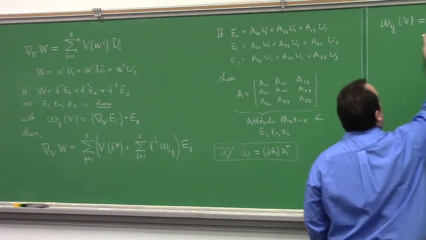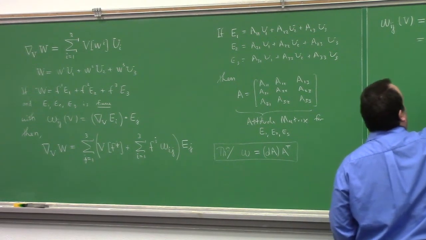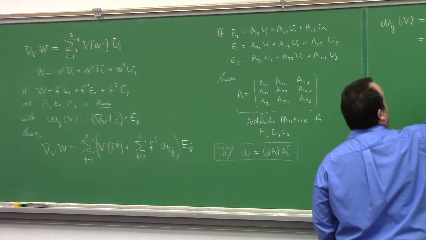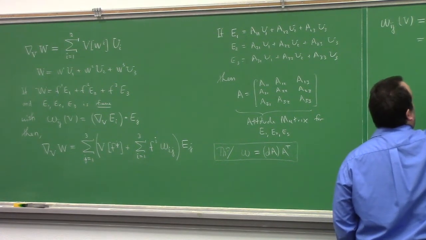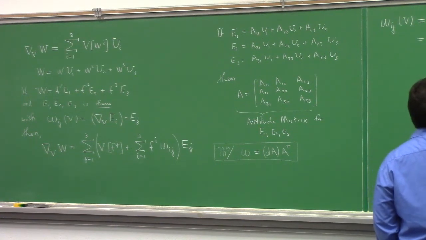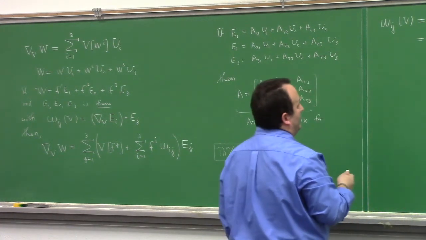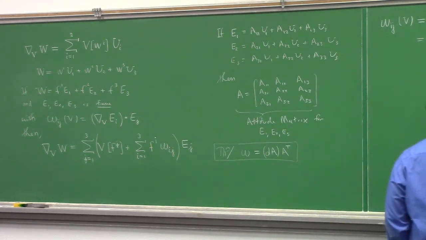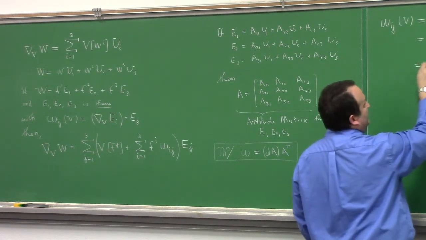So this is the covariant derivative of V of the sum over K of A_IK UK, dotted with EJ. I'll leave it as EJ, and I'll show you why in a second. So the covariant derivative we can pull out.